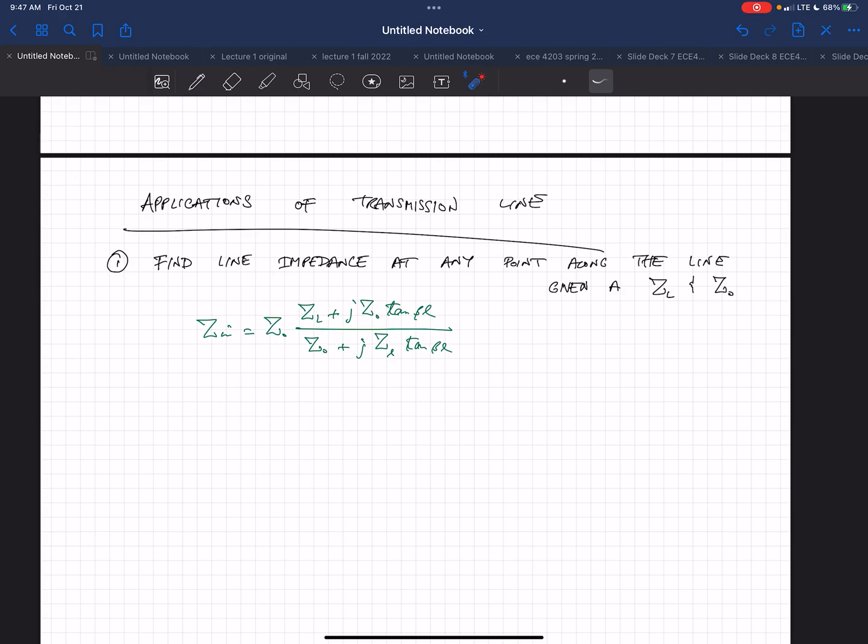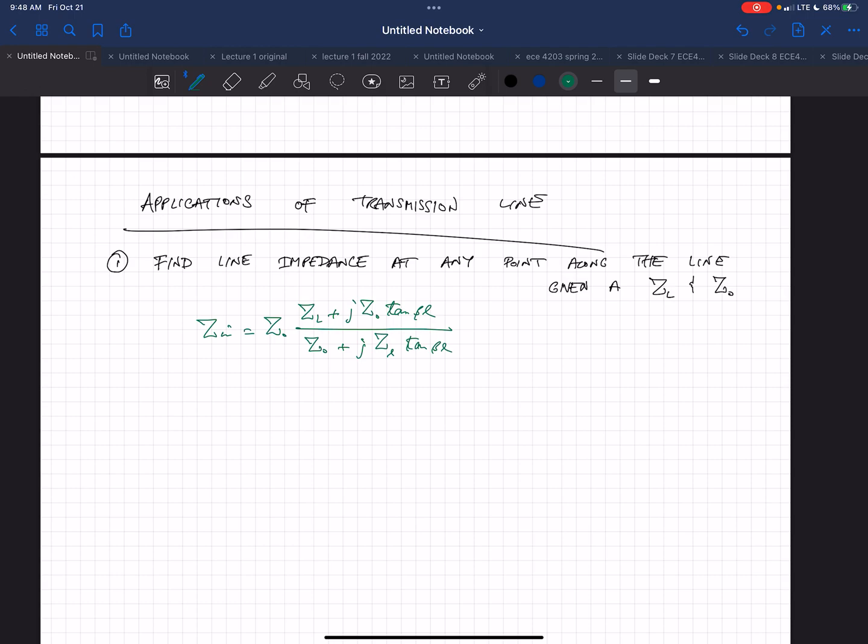What we're about to do with the Smith chart is the same as solving this equation for different values of L, for different values of Z_L and Z_0. So instead of doing this, we're going to do this with a Smith chart. I guess you'd call this a complicated formula, so instead of solving this, we're going to use the Smith chart.